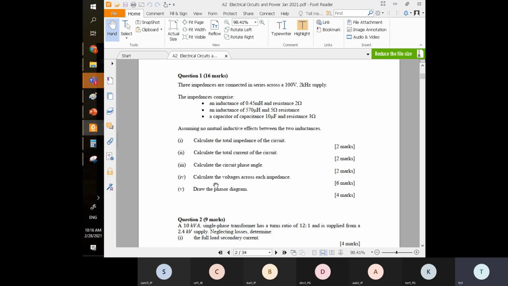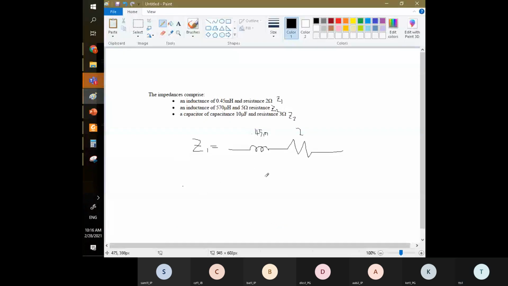The voltage across Z1, because these two become Z1, I think you can use Ohm's law, right? VZ1 is equal to, V equals IR, right?